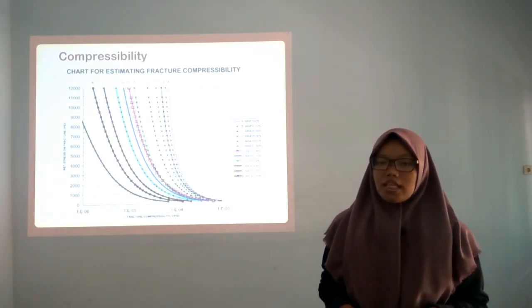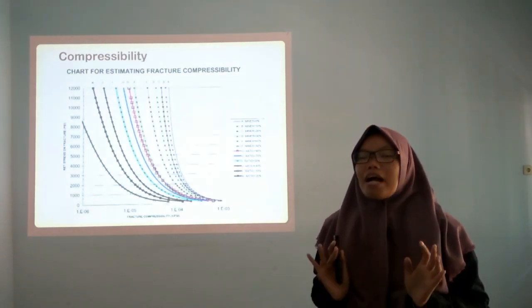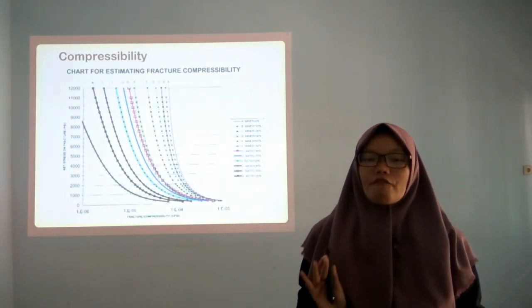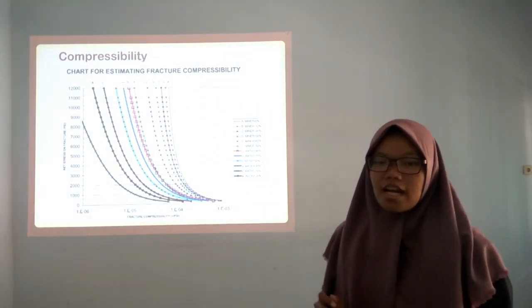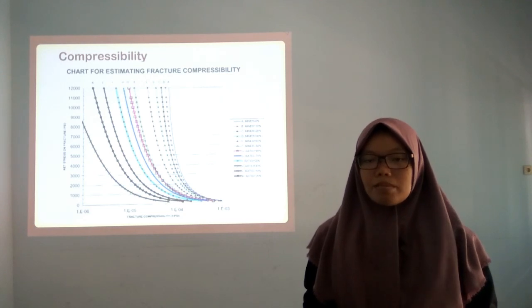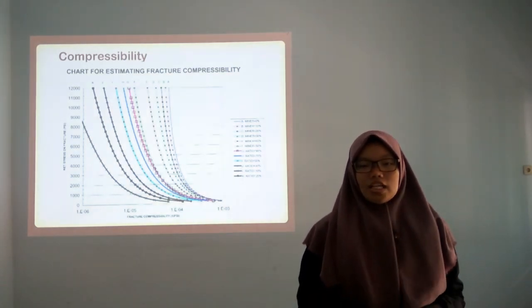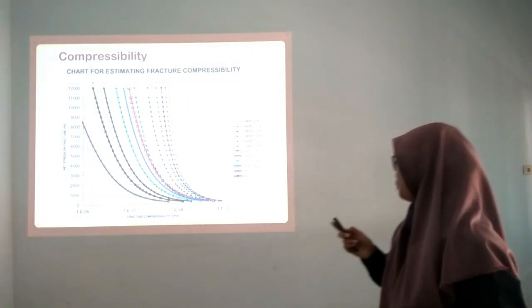In a dual porosity system made up of macro and micro fracture, the macro fracture plays the role of fracture and the micro fracture plays the role of matrix. In this case, there are instances in which the micro fracture can be more compressible than the macro fracture. In other instances, both compressibilities can be of the same order of magnitude.